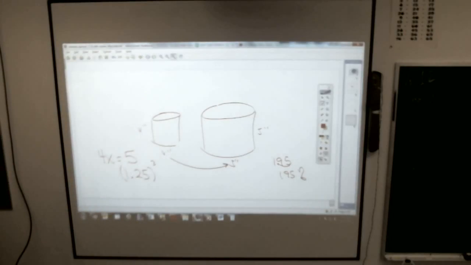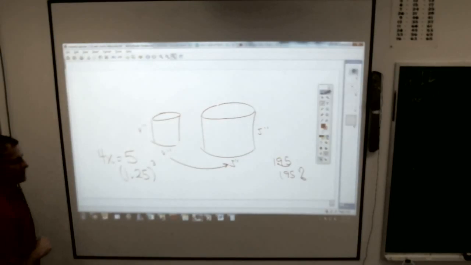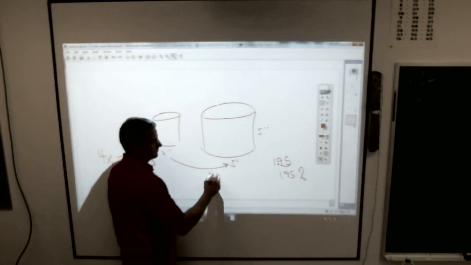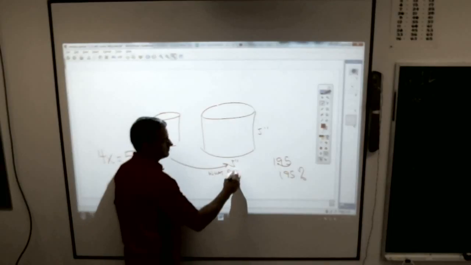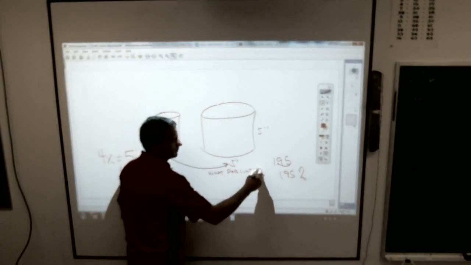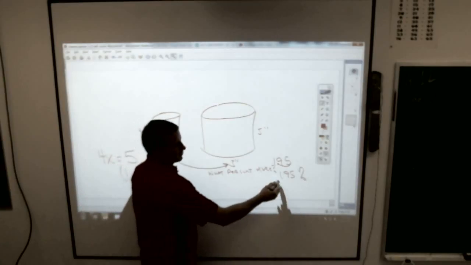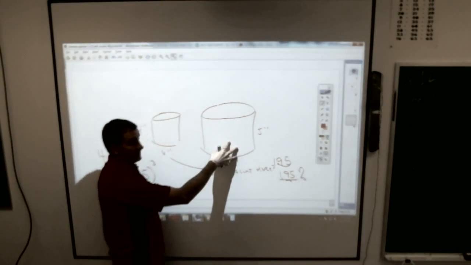Now, unfortunately, Elijah's answer is not right. You wanna know why, Elijah? Because the question asked you what percent more. This is what percent it is of that.